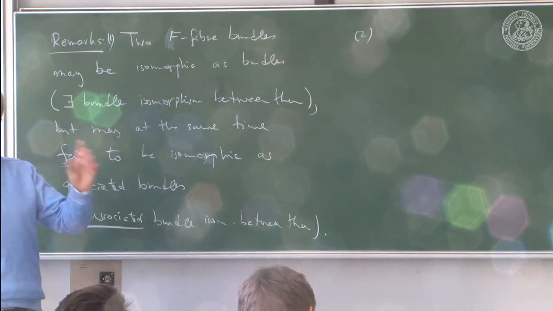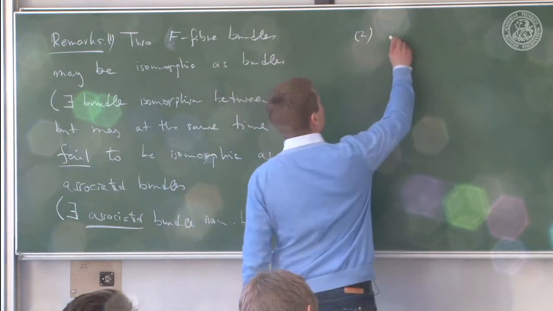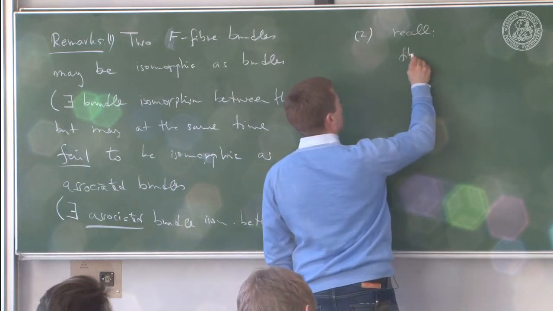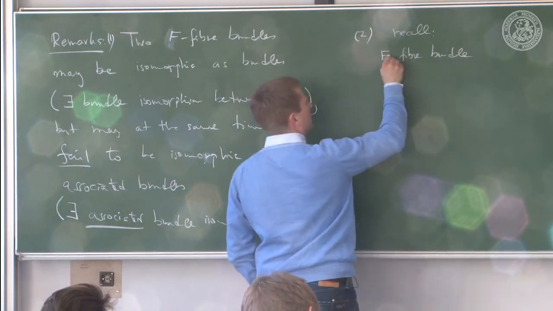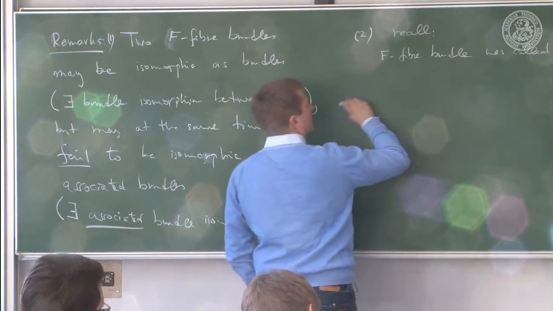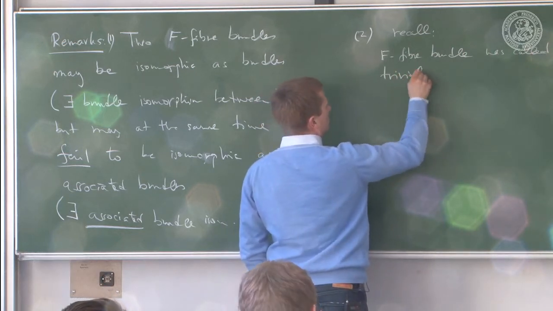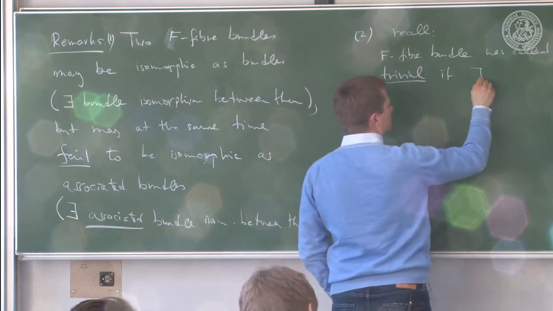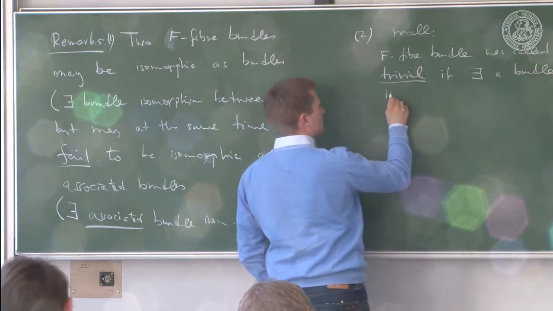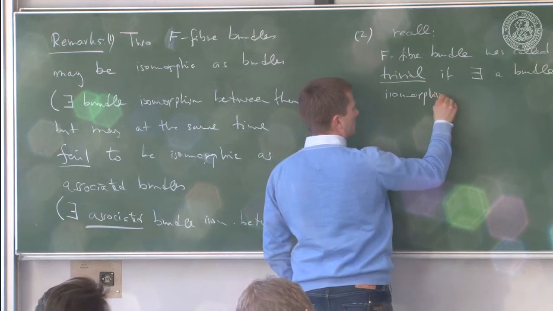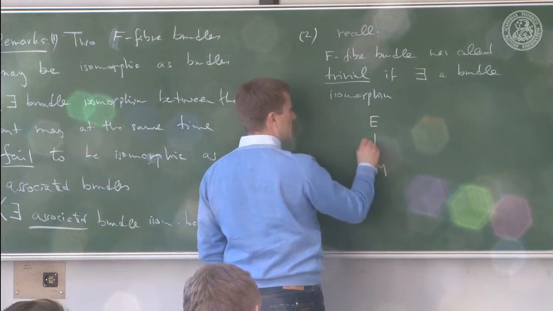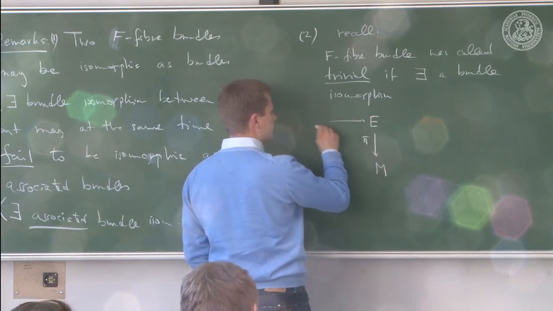Recall that an F fiber bundle was called trivial if there existed a bundle isomorphism that takes your fiber bundle with total space E, projection map pi, and obviously there is a fiber F.